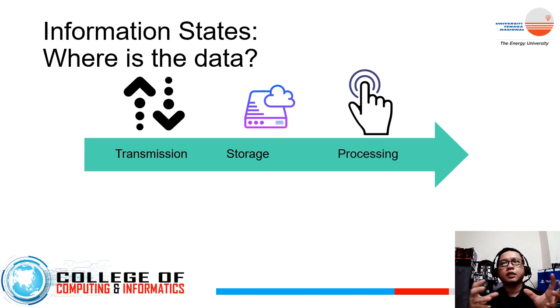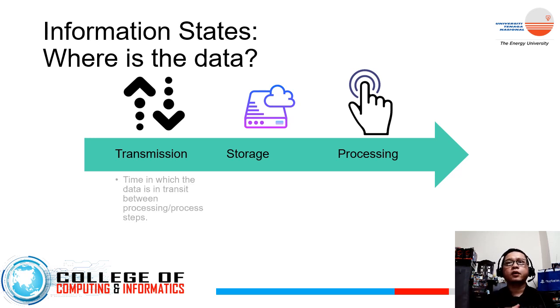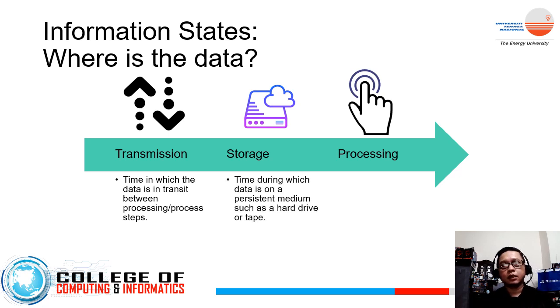How do you ensure there is no third party involved in the processing of that data? How do you ensure that people cannot intercept the processing of the data? How do you properly process the data? Do you keep the password in plain text, for example? How do you encrypt the data? So the information state is concerned with where the data is. This is also important when you are planning the solution: how do you transmit, how do you store, how do you process?